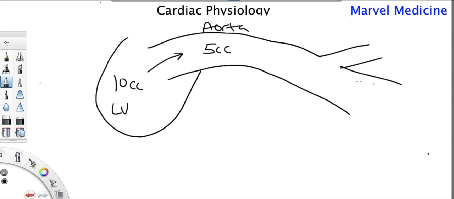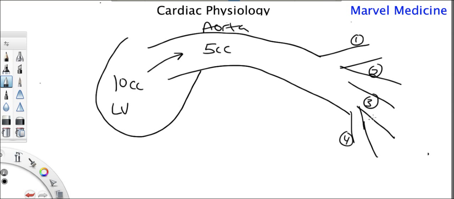And again, we have our typical blood vessels here, 1, 2, 3, 4. Each one of these blood vessels has a specific resistance and a specific radius. Let's say each one of them has a 5 centimeter radius.